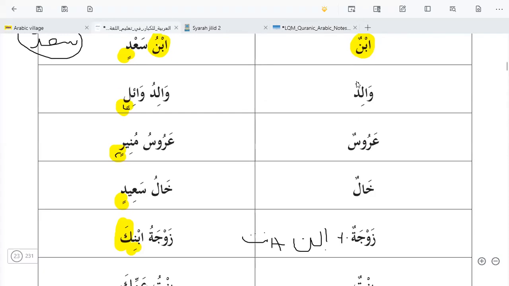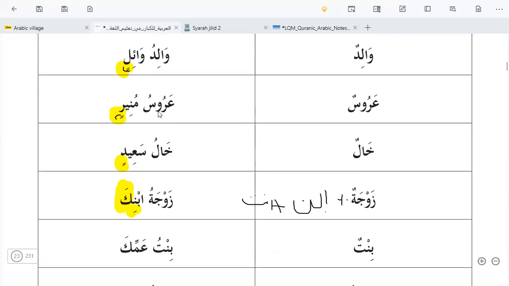Walidun has tanween and dhamma. So after that, Walidu Wailin, father of Wail. So it takes single dhamma, it is mudaf.